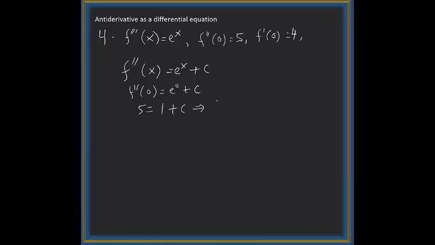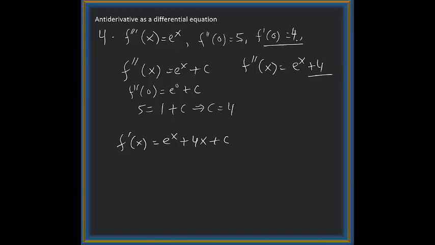So then you see your c equals 4. So then we got our f double prime of x equals e to the x plus 4. Now further antiderivative will give me f prime of x, which is e to the x plus 4x. We add another constant from this.